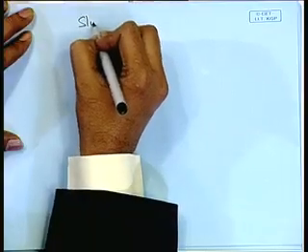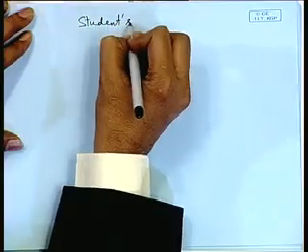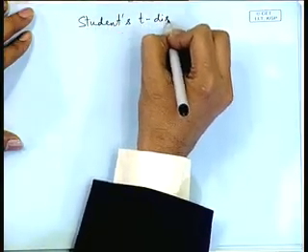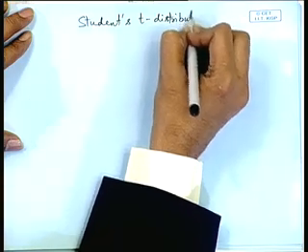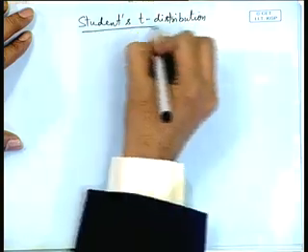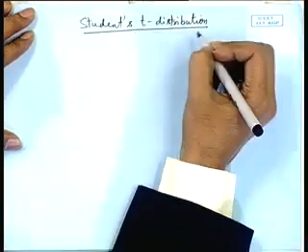Now, we move over to another sampling distribution called the T distribution. We call it Student's T distribution. There is a story behind why it is called Student's T distribution. Basically, it was discovered by W.S. Gossett, a statistician in England.